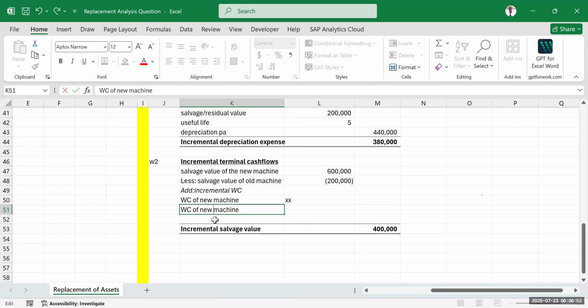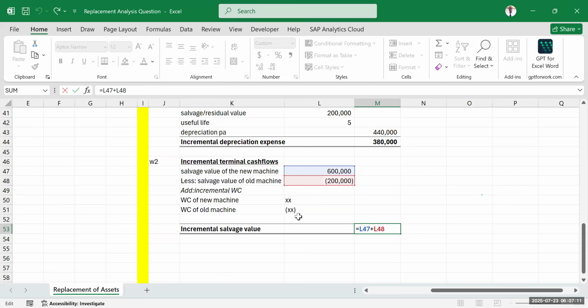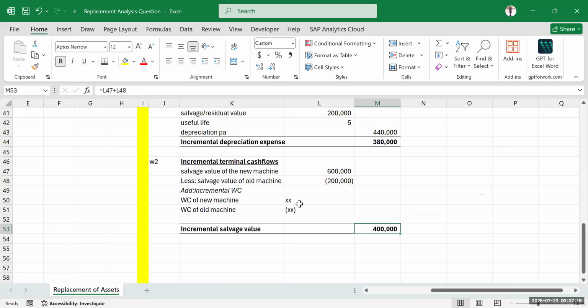So the working capital of the old machine, and you compare the two, or the difference, and the difference is what will give you incremental. So I can put this in brackets. It will not affect our computation because my formula did not cover these cells. So that's why our answer is still safe here. I'm just showing you the treatment. Working capital that is recovered from new, working capital that will be recovered from old. And all of them are recovered in the end at the terminal cash flow level.